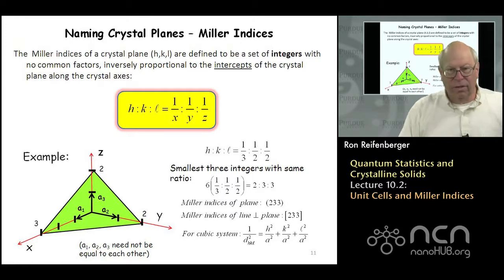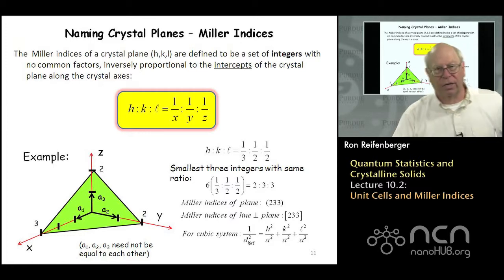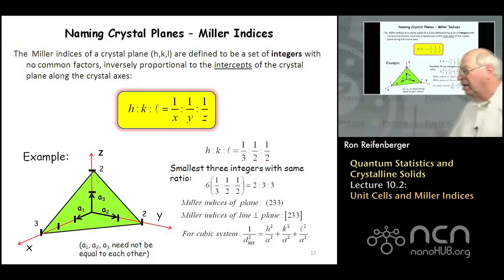The notation that's been developed is that if you enclose these Miller indices in parentheses, that indicates the plane that's sketched here in green. So if you talk about the (233) plane in this particular crystallographic structure, pretty much anybody in the world would understand that this green plane is the plane that you're referring to, because these Miller indices are used everywhere.